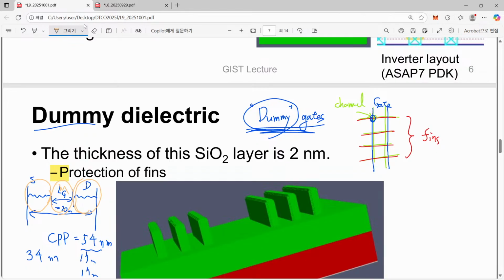So basically all three of them are metals, and if they are attached together, then there is no isolation.